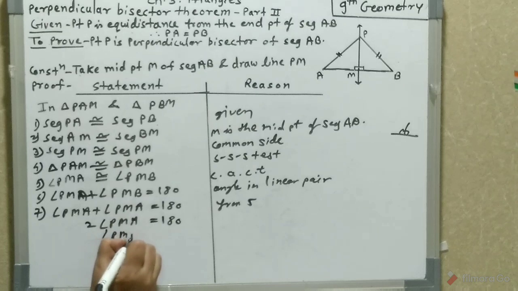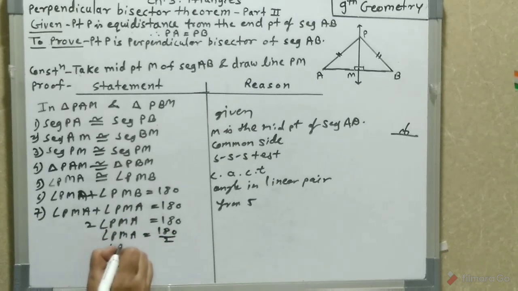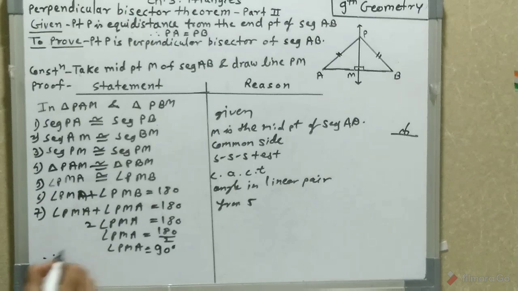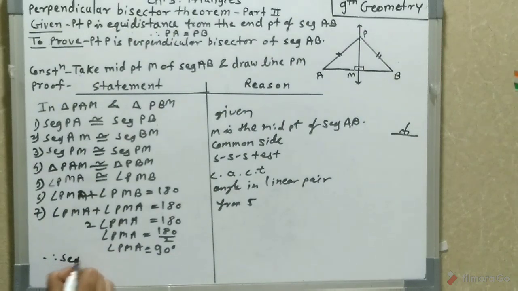Angle PMA is equal to 180 upon 2. So angle PMA is equal to 90 degrees. Therefore segment PM is perpendicular to segment AB, because here 90 degrees. Therefore segment PM perpendicular to segment AB.